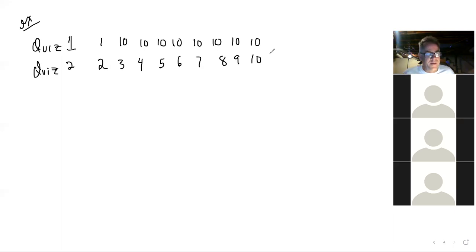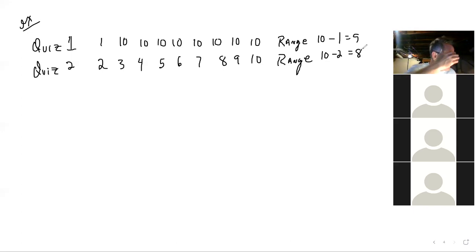Now, the range for quiz 1 would be 9, because it's 10 minus 1. The range for quiz 2 is going to be 10 minus 2, which is 8. So if you compare these, you'd say there's not a lot of difference between the two, but I think it's fairly obvious if you look at them that quiz 2 has a lot more variation.